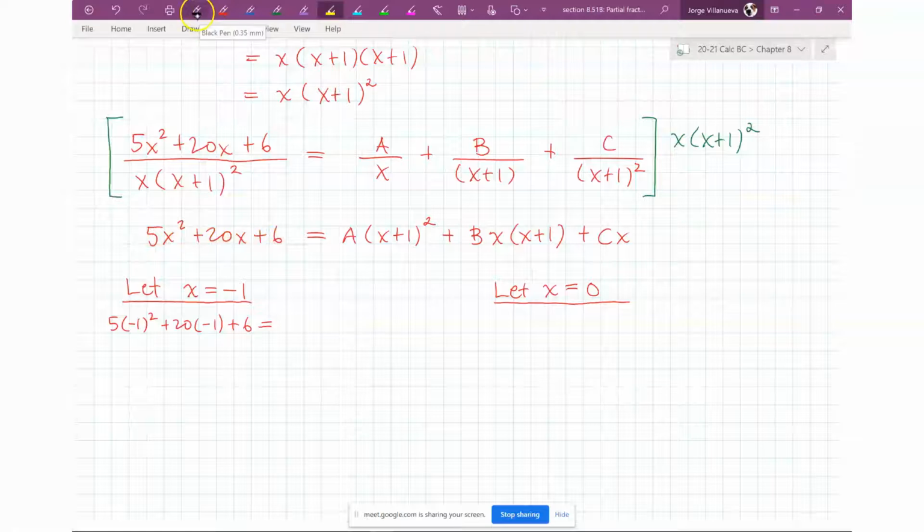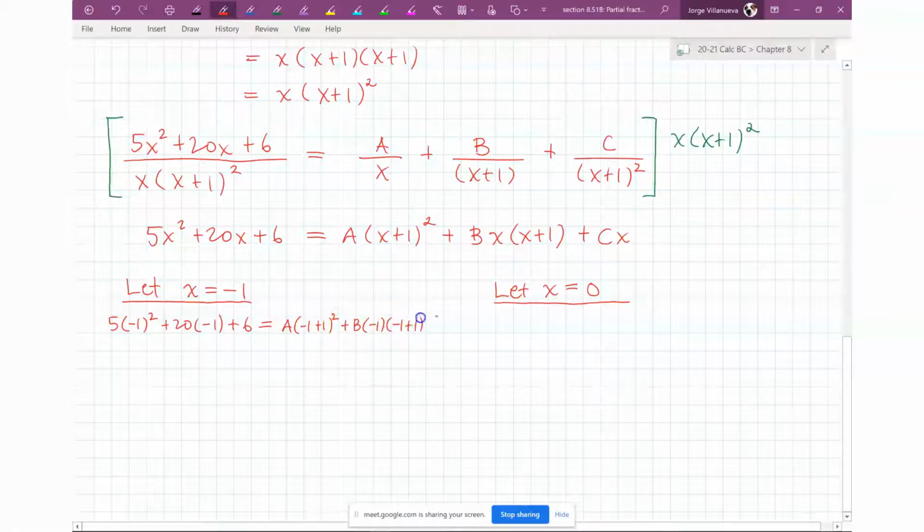And then if I plug in a -1 into the x plus 1 squared, that's going to cancel out, right? So I'm going to try to write kind of small here. -1 plus 1 squared plus b times -1 times -1 plus 1 plus c times -1. Well, look, this is gone.